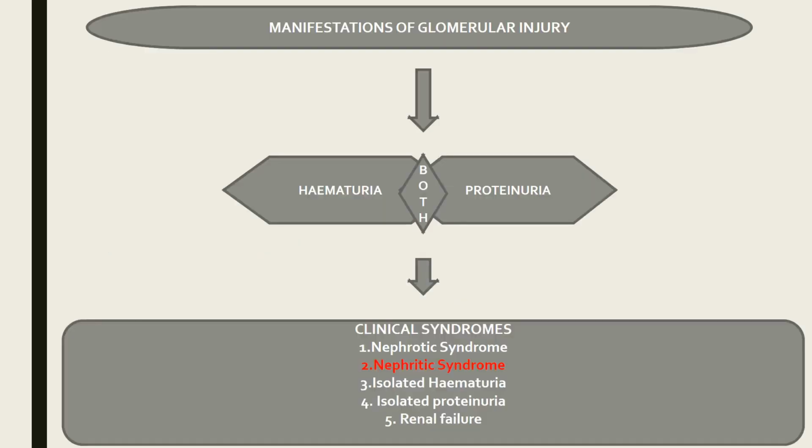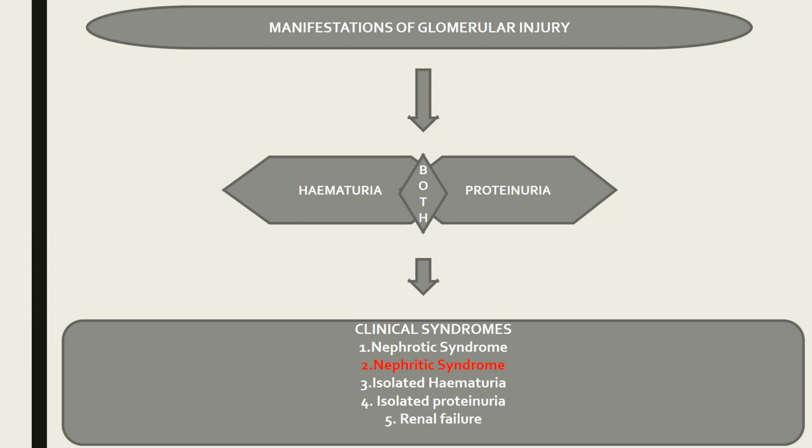You will recall from my previous lecture that I had said that there are several manifestations of glomerular injury. Injured glomeruli may result in patients presenting with either proteinuria or hematuria. At times, patients may present with both hematuria and proteinuria. When these are present together with other signs or symptoms, they may result in clinical syndromes that are known to be manifestations of glomerular injury.